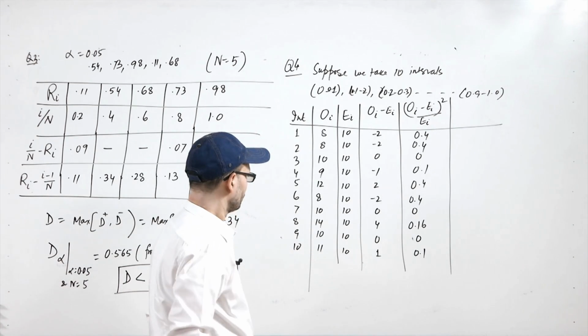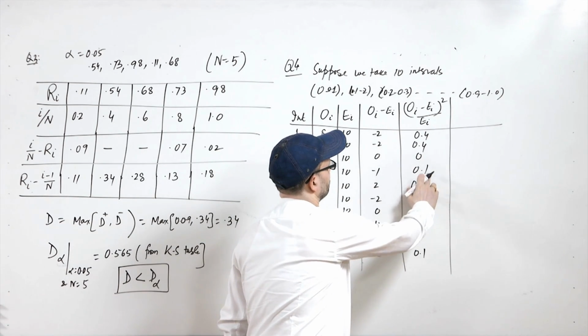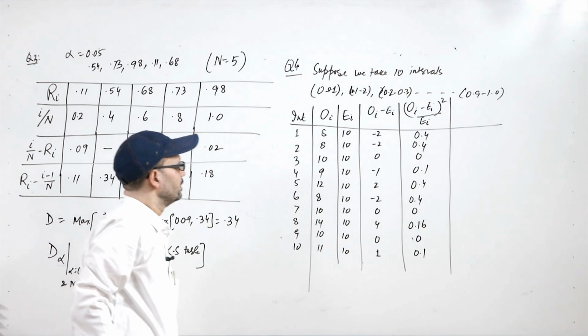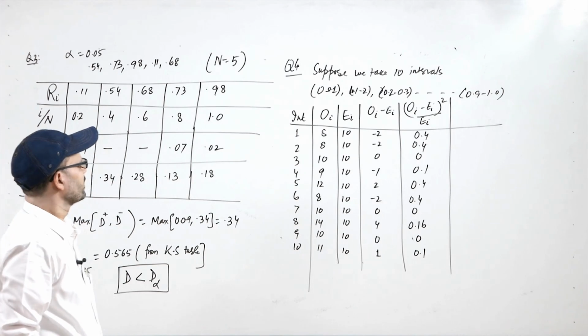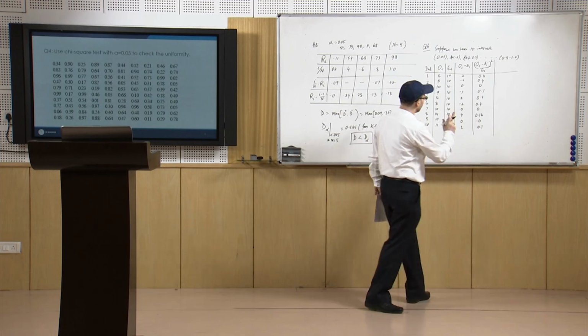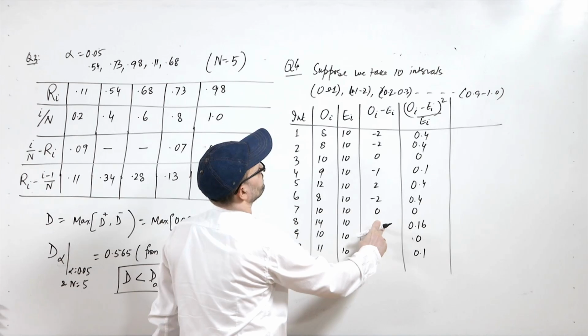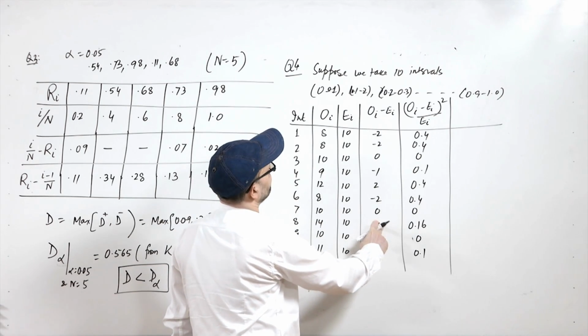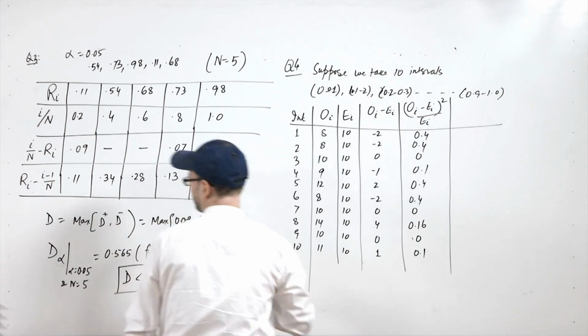Once we get that, we have to add it. In fact, there is a mistake here. For the value 4, it will be 4 into 4, 16 divided by 10, so it will be 1.6.